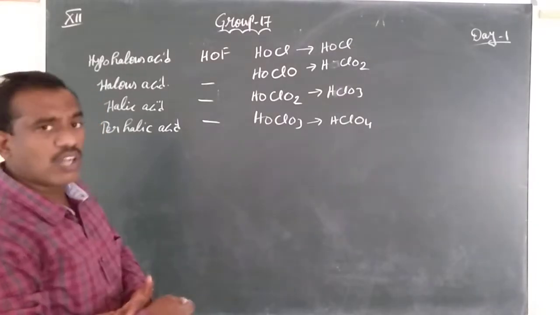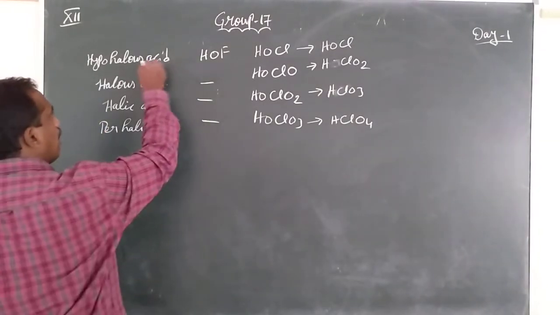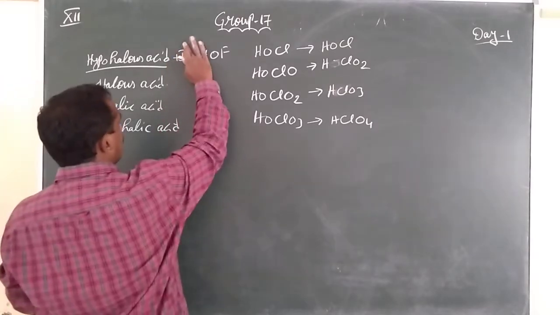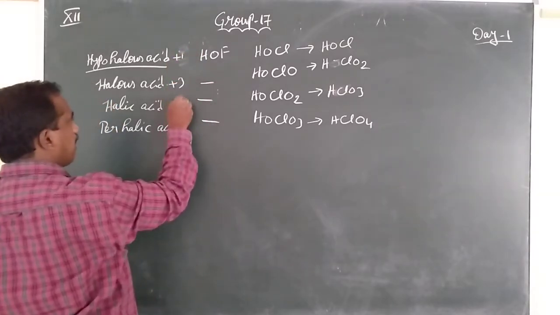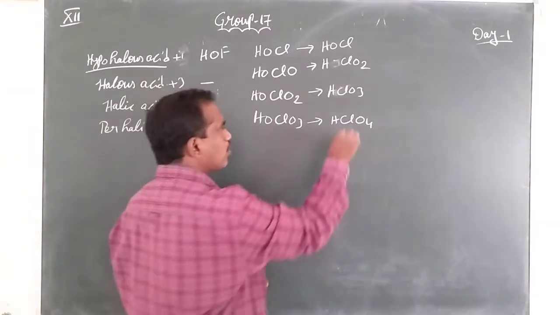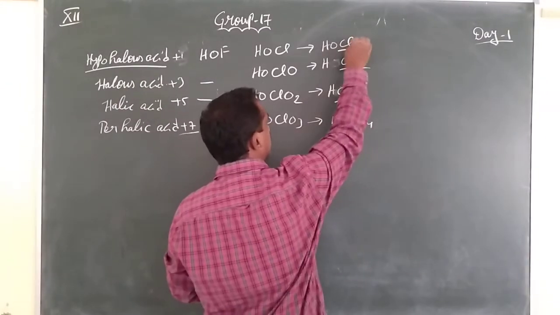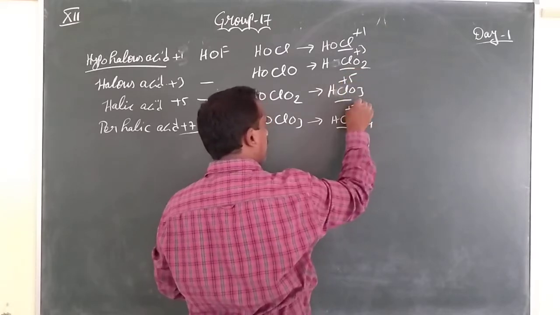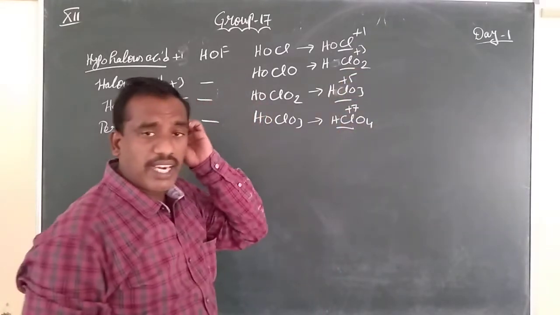So in this, what are the oxidation states of the central atom? Here +1 you can see, +3, +5, +7. So the central atom will show the particular oxidation states like +1, +3, +5 and +7. Already we had raised one point.